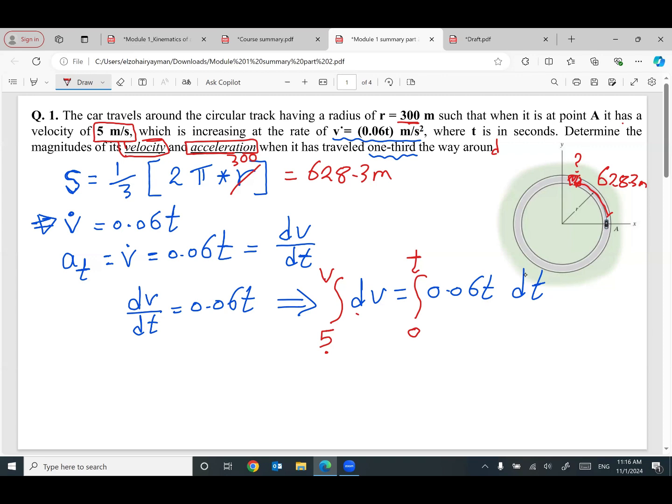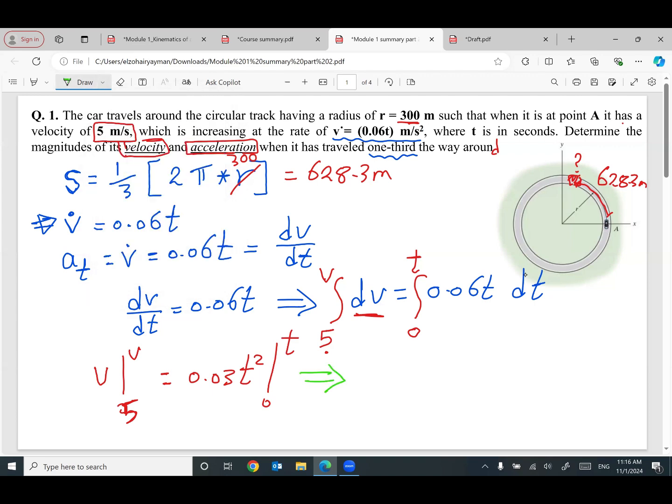At the end, I don't know what the velocity is. We started from time 0 to t. So this integration will give you v from 5 to v equal 0.03 t square from 0 to t.